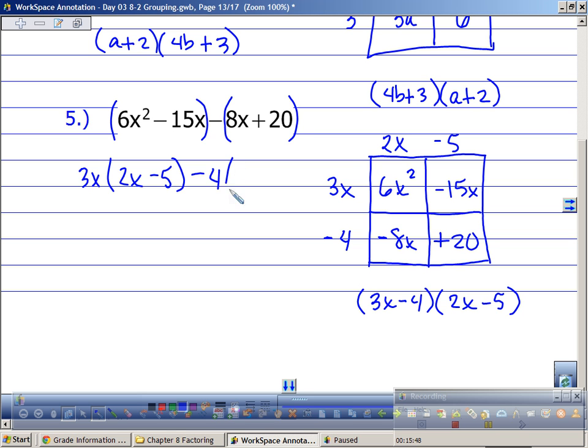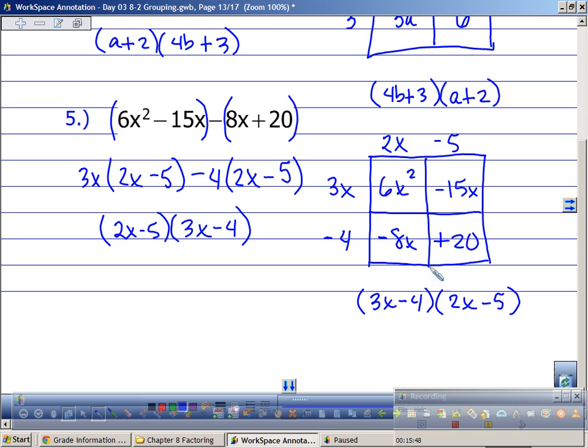The common factor over here is 4. Negative 4 times 2x makes negative 8x. And negative 4, I have to make this a negative 5 to make positive 20. So now I have 2x minus 5 factors out, and I'm left with 3x minus 4.